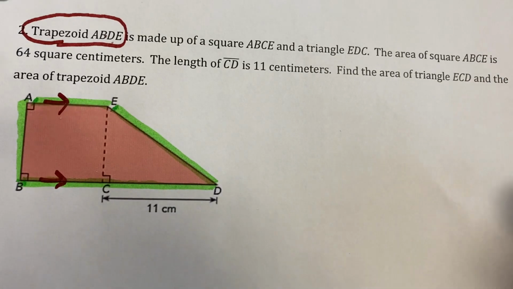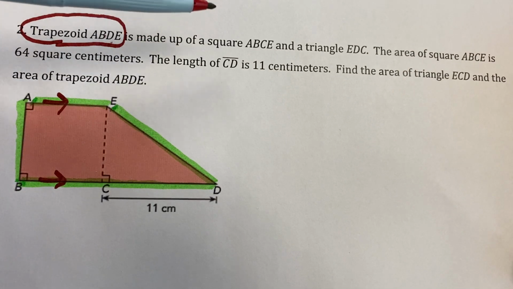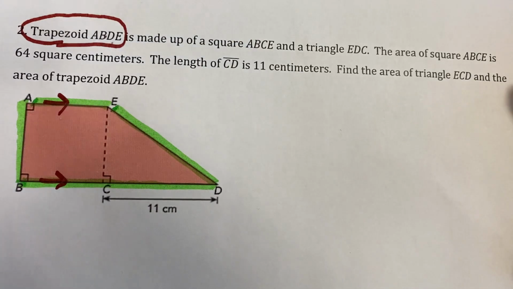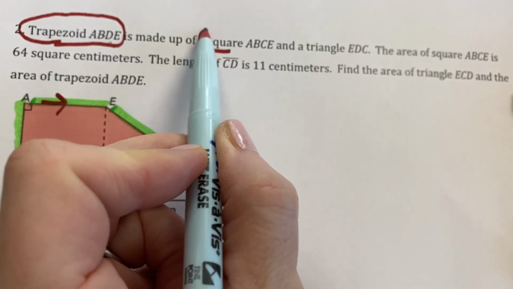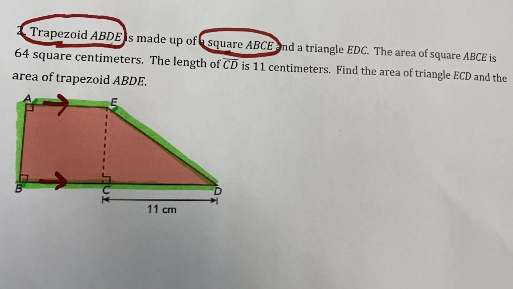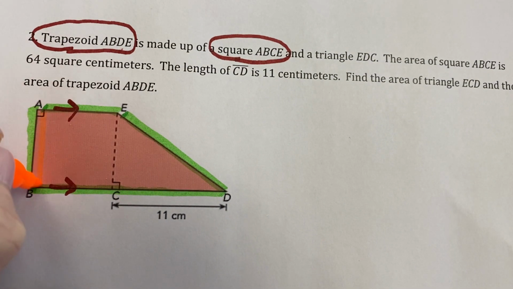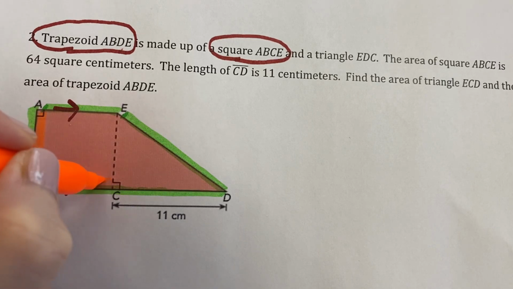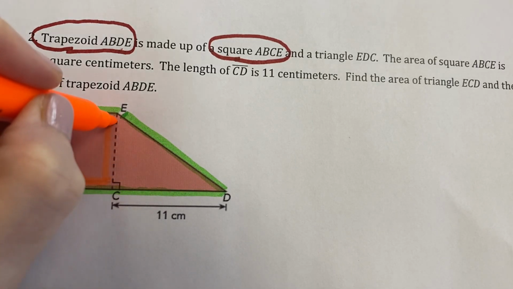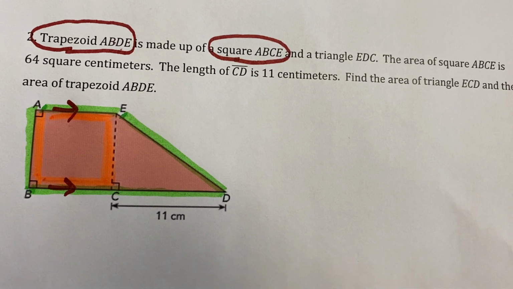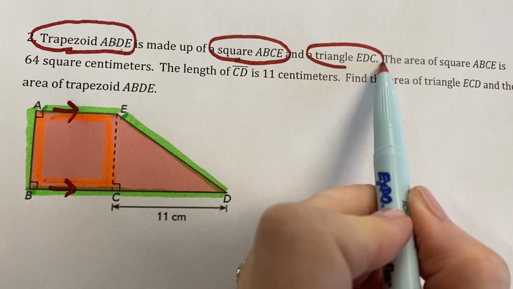Okay, that trapezoid is made up of a square A, B, C, E. So let's pause on that. Let's find that square. Square A to B to C to E. So I'm going to do this one in orange. A to B to C to E. So that's my square. And triangle EDC.